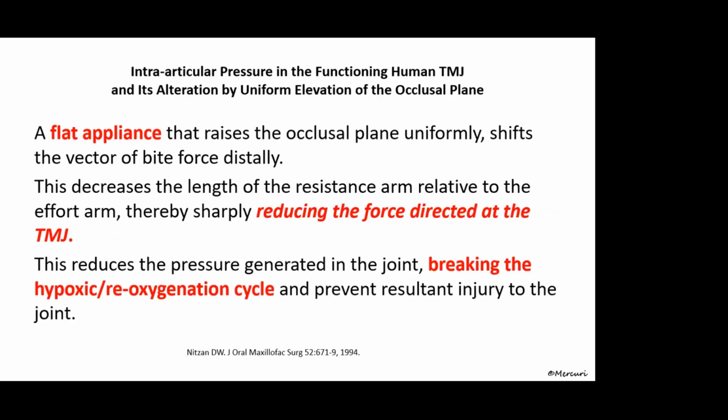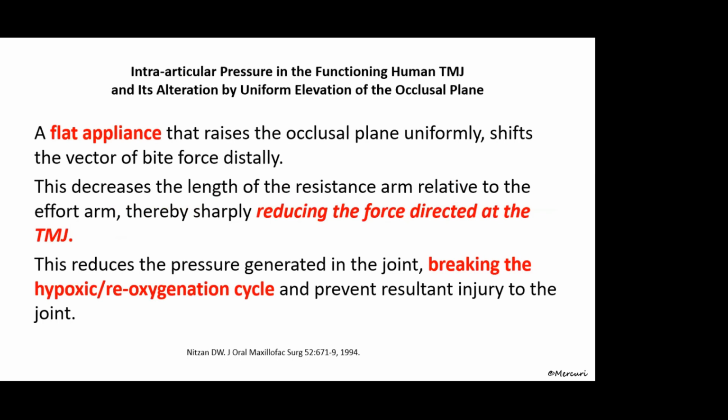And Dorit Nietzsche, who will be speaking to you in the future, did a very nice study using a flat appliance to reduce the force directed at the temporomandibular joint, therefore breaking the hypoxic reoxygenation cycle that I mentioned earlier. This study was a nice study, and this actually does work.